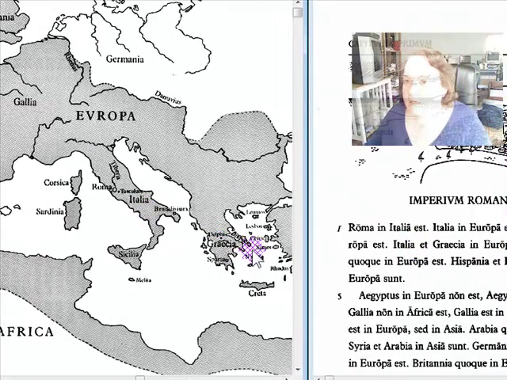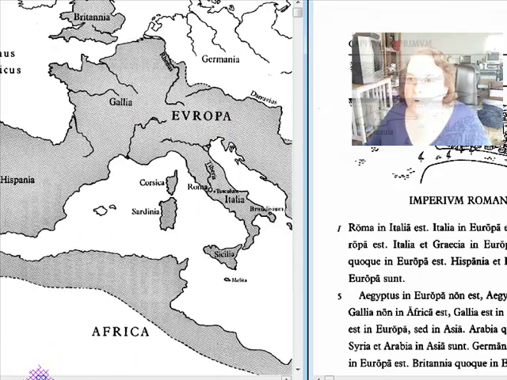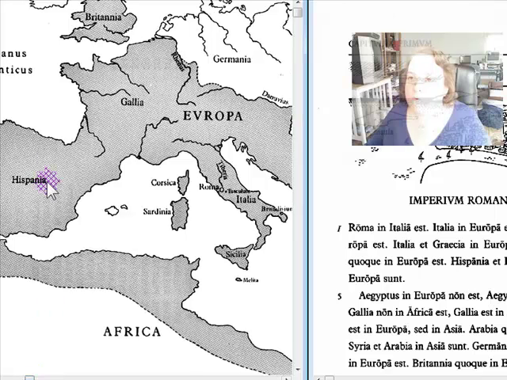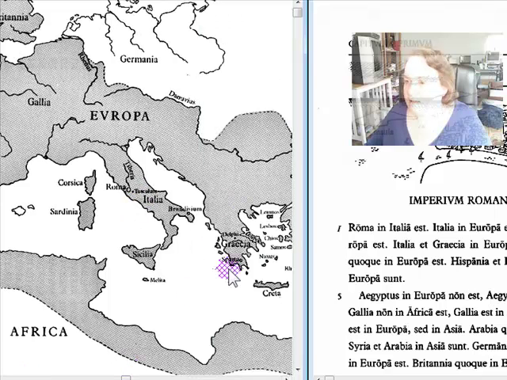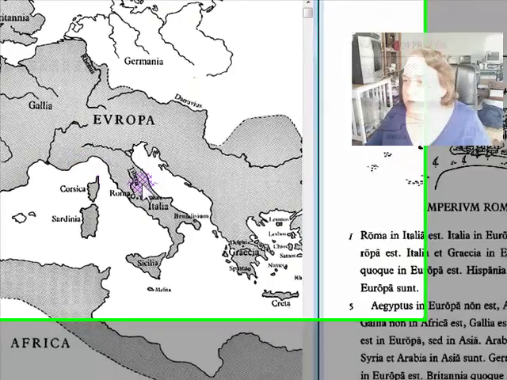Italy and Greece are in Europe. This is true. Hispania quoque in Europa est. Spain is also in Europe. Hispania et Italia et Graecia in Europa sunt. Spain and Italy and Greece are in Europe.